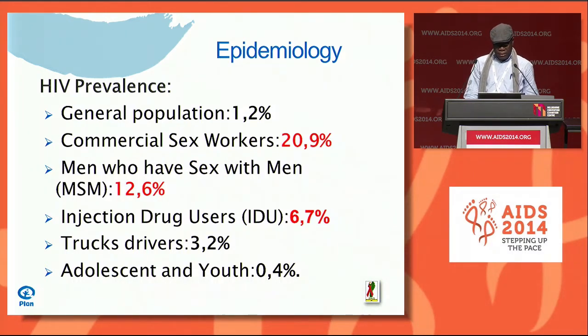The prevalence in the general population is about 1.2, and you can see that populations like commercial sex workers, men who have sex with men, and injection drug users are the ones who have the highest prevalence in the country.